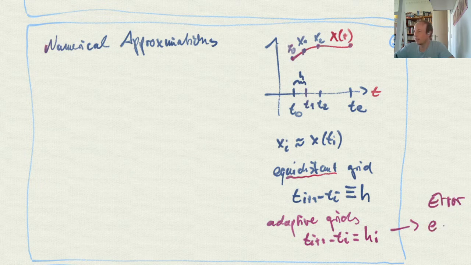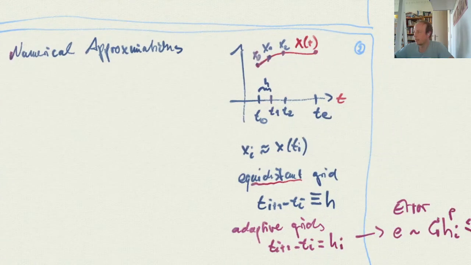Say the error is more or less a constant c times h to the p that we had. Now if there was an i, then we have this for every hi, but this will of course always be smaller than if we took the maximum, h max, the largest step size.